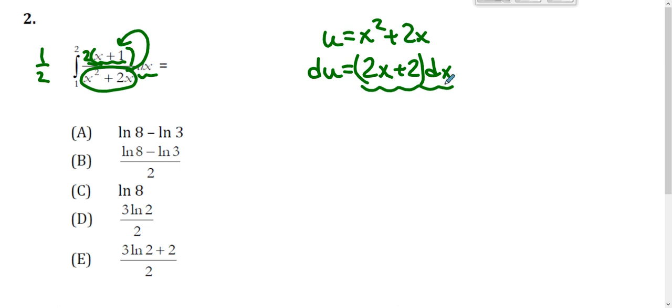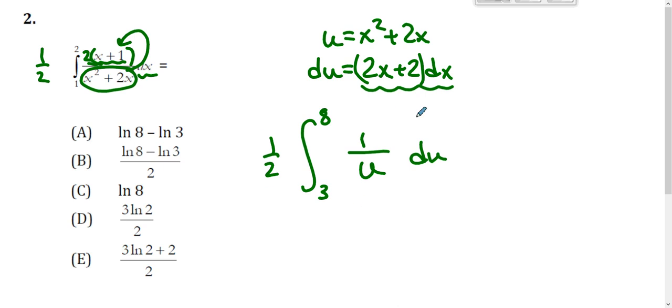2x plus 2 dx, that's here, gets replaced with a du, which means there's nothing left in the numerator anymore. The denominator is x squared plus 2x, that gets replaced. There's a 1/2 from before. Now from where to where? When x is 1, what's u? And when x is 2, what's u?